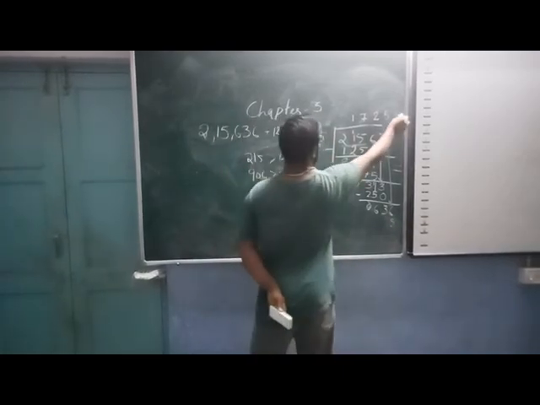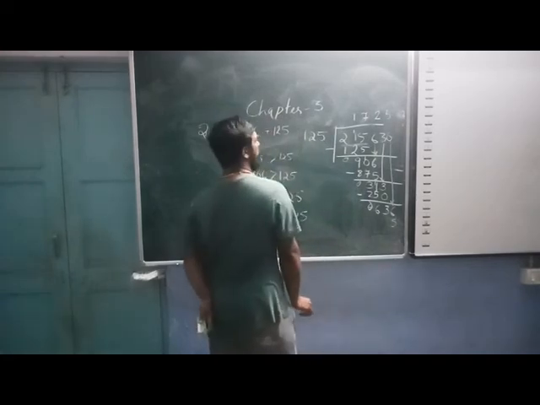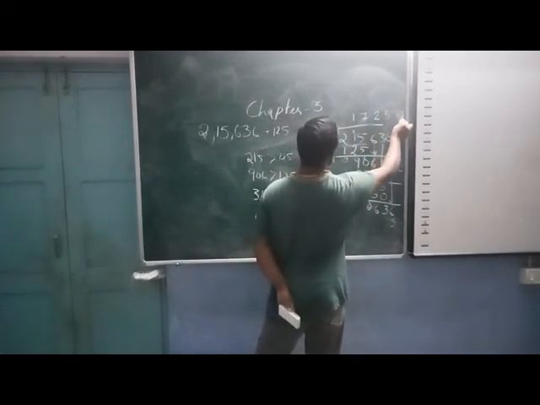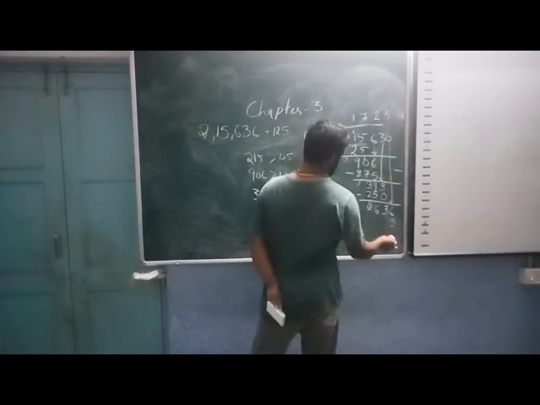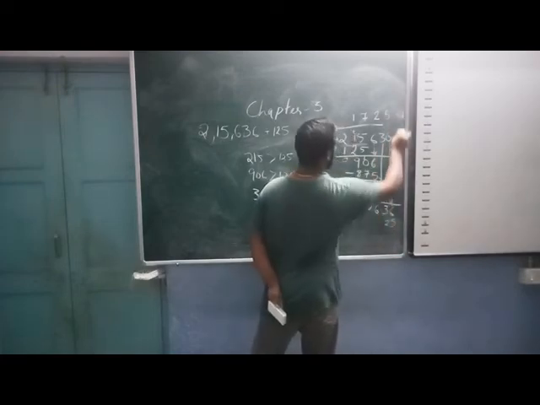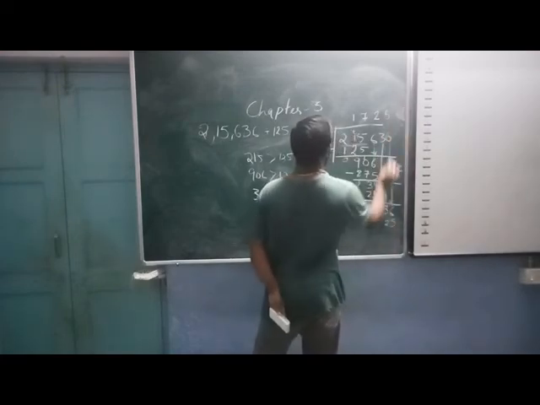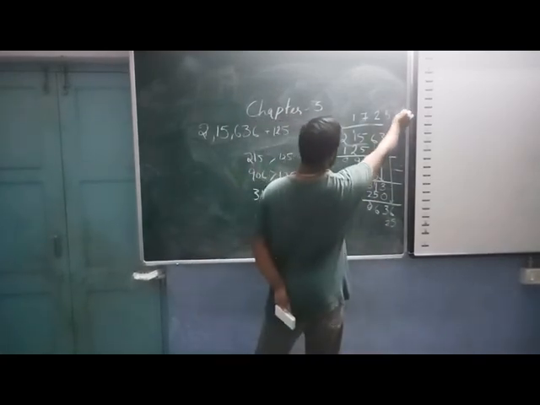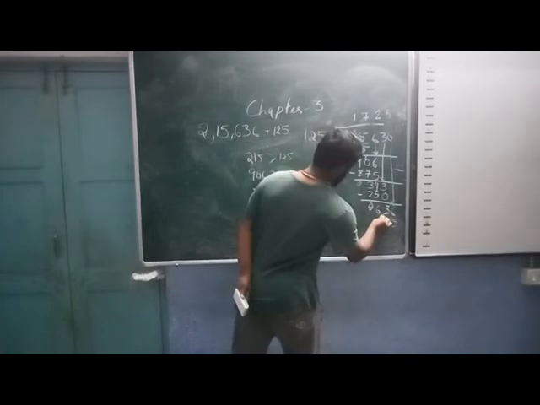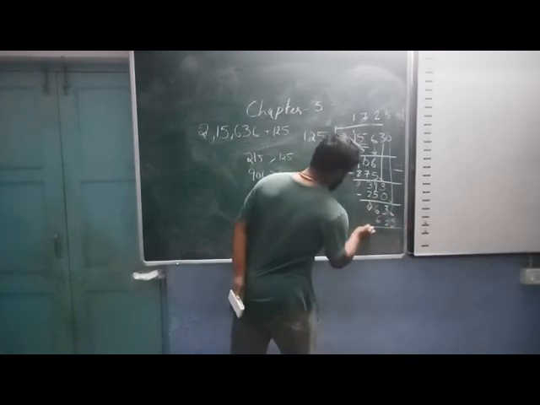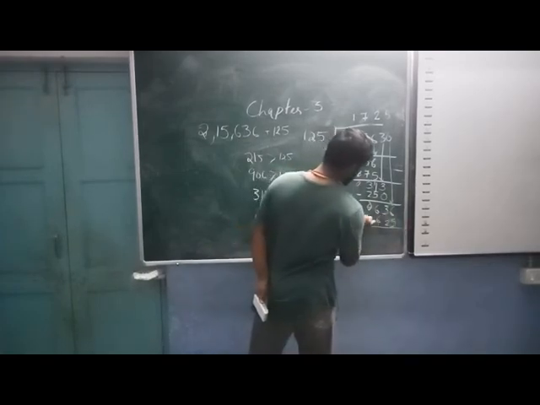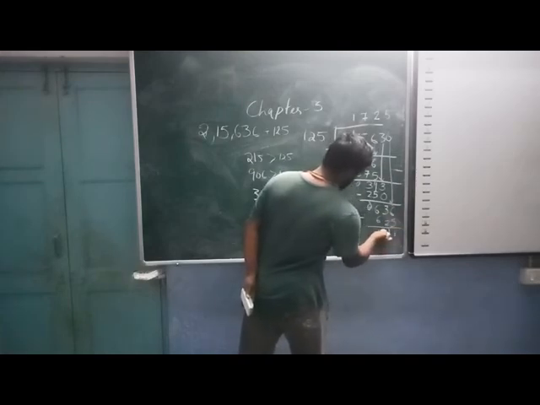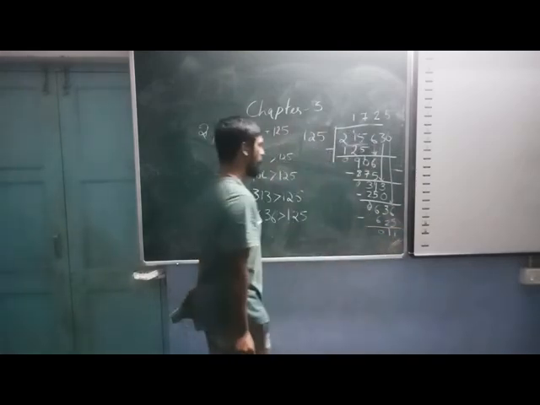Then balance 2 is here. So 5 2s are 10. 10 plus 2 is 12. So 2 is here. So now balance is 1. 1 5s are 5 and 5 plus 1 is 6. 625. So now we subtract. So the balance is 11.